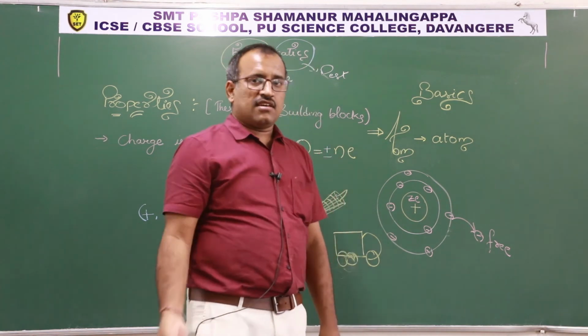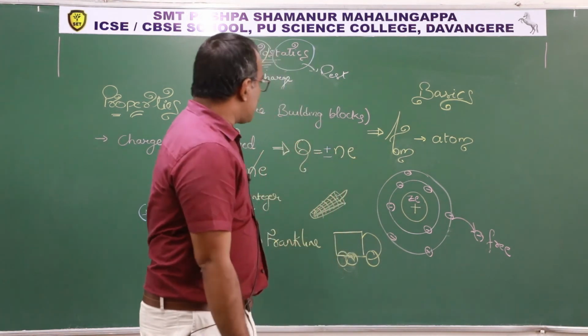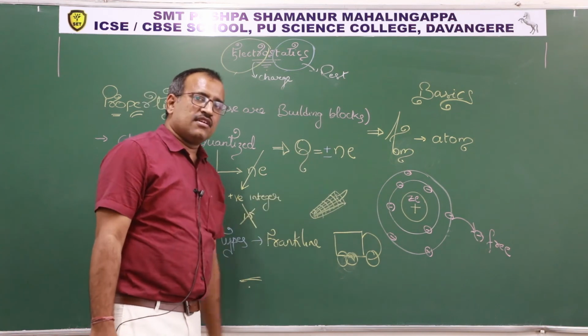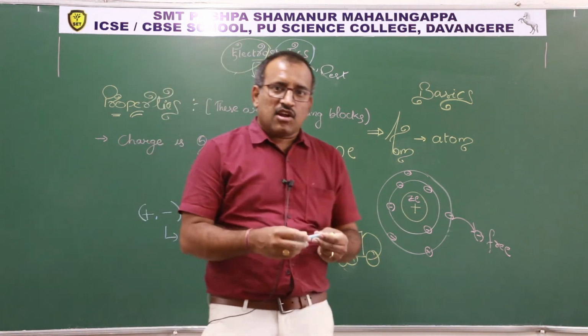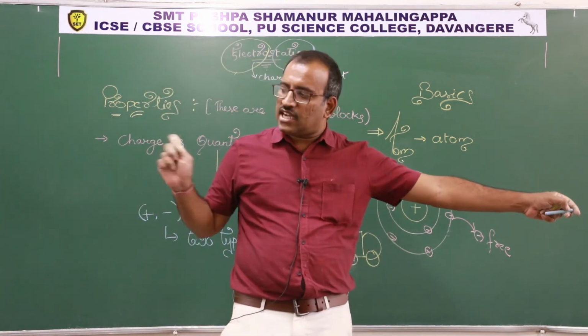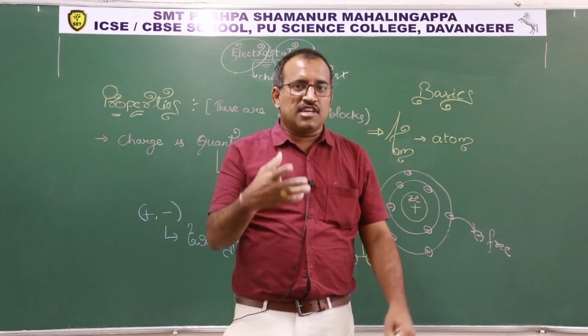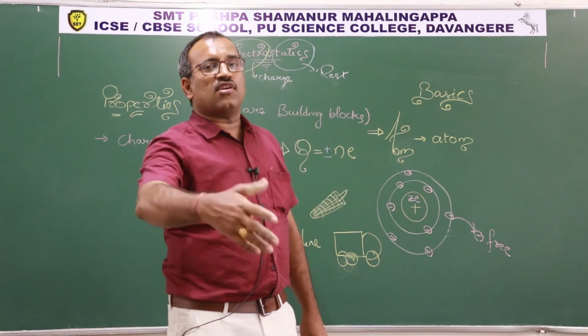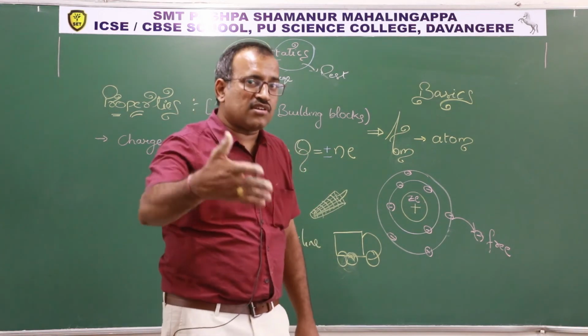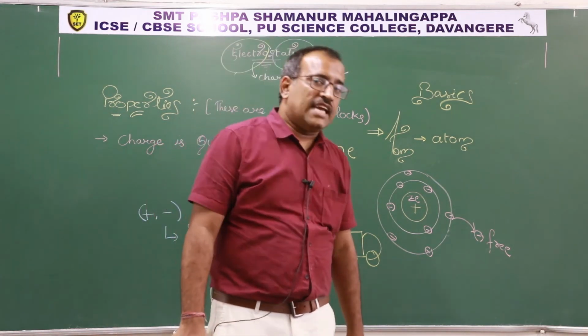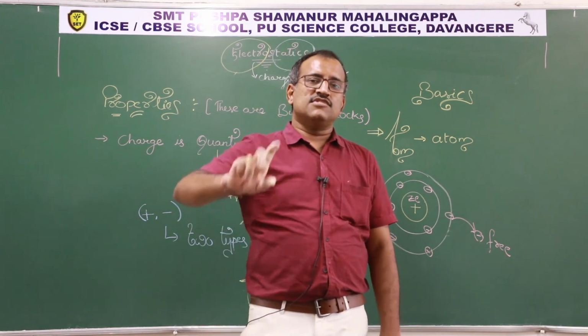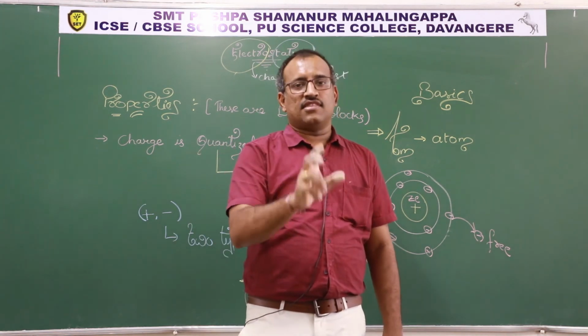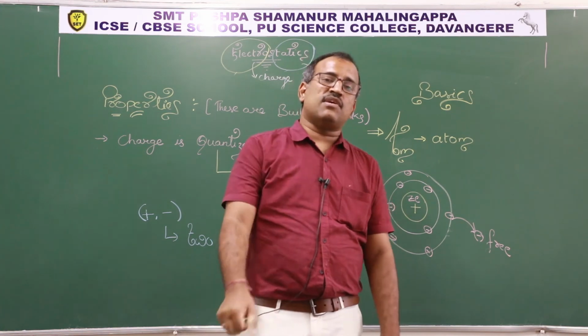Whenever I say small charges, you can go for Q is equal to ne. But when I say a long stick is there, and charge is placed on it, how many electrons are placed? Even God cannot count. Even He will say density: charge by length, or charge by area, or charge by volume.